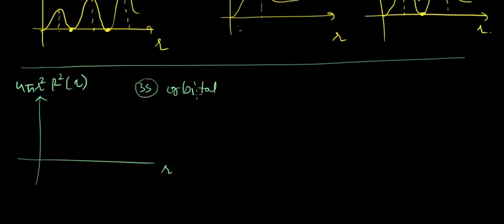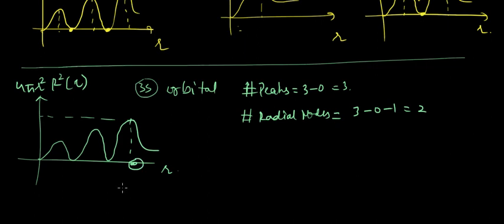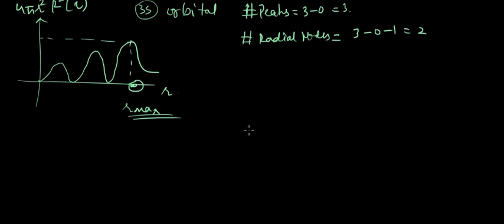So number of peaks here would be n minus l, so 3 minus 0 would be 3, and number of radial nodes would be n minus l minus 1, which would be 2. 1, 2 and 3. Redrawing it. So this is the r. So here the probability density goes to maximum, hence this is the r max.